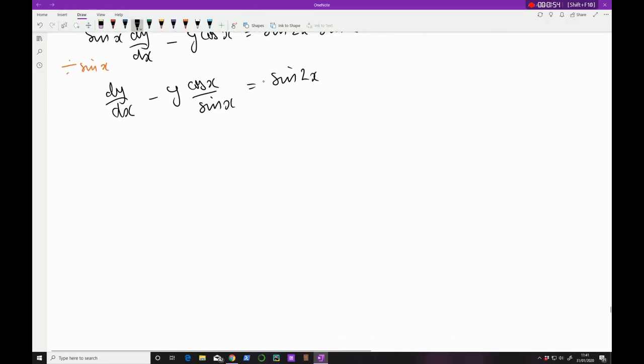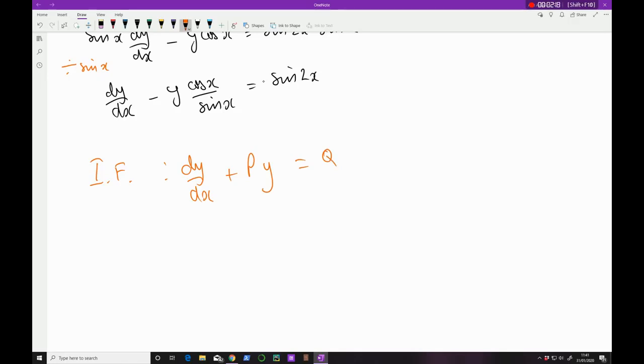And then you should realize that this is now in a form where we can calculate the integrating factor. The form is dy/dx plus some function of x times y equals another function of x, where p in this case is minus cos x over sin x.